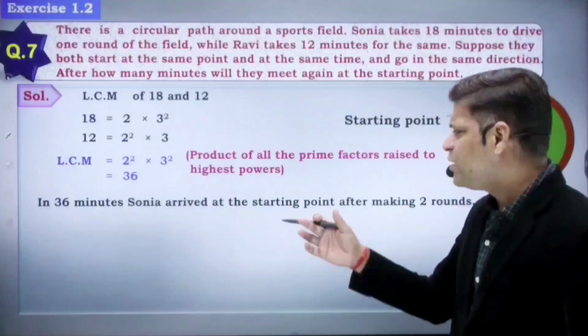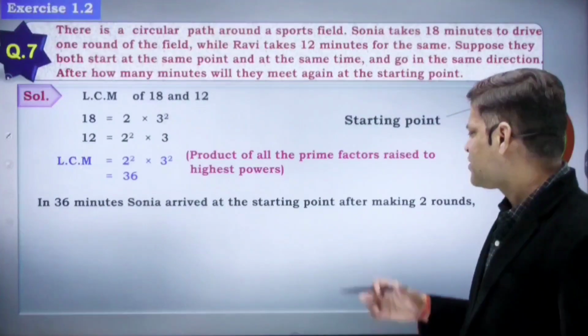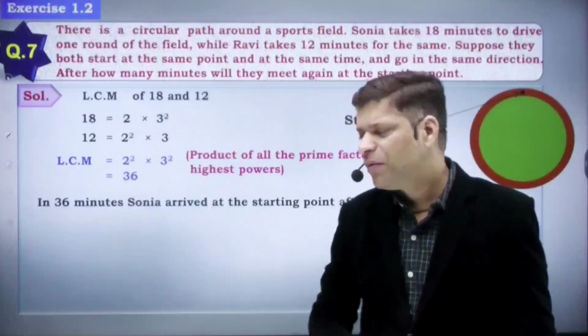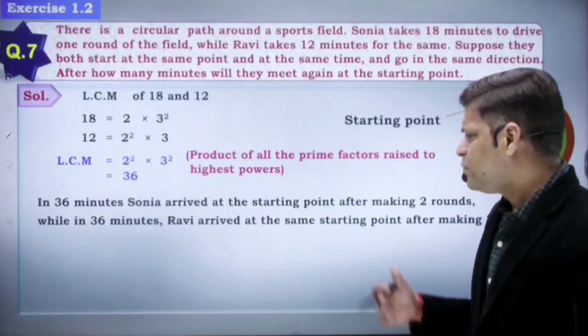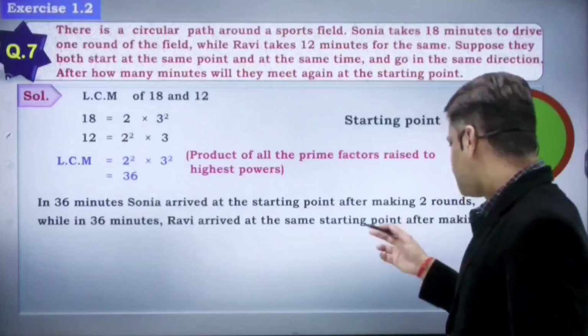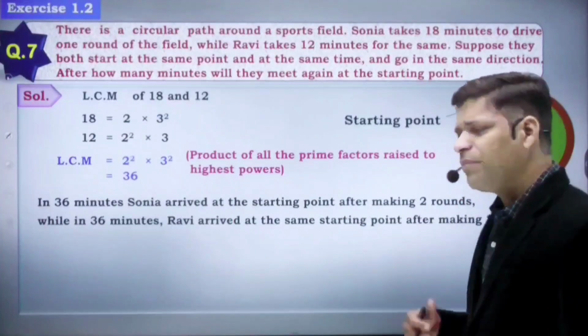So in 36 minutes Sonia arrives at the starting point after making two rounds, as we already saw in the table, and Ravi also takes 36 minutes to come to the same starting point, making 3 rounds.